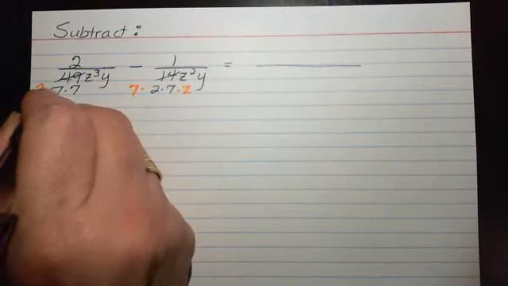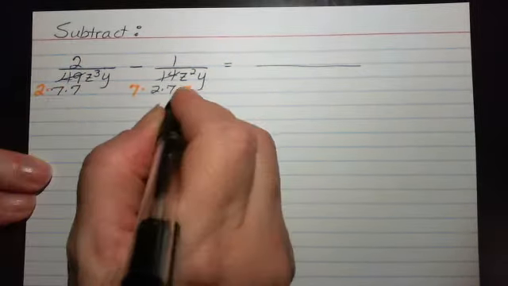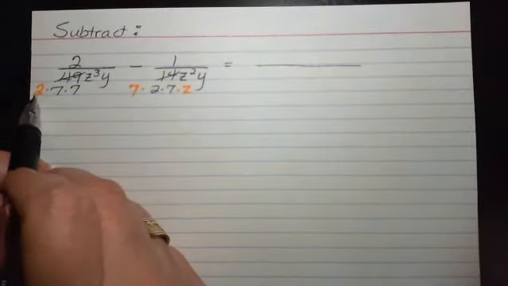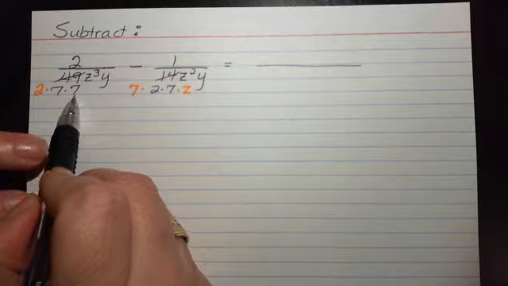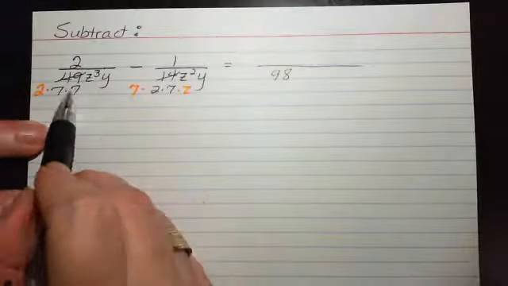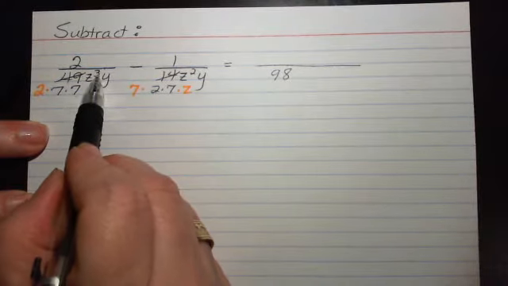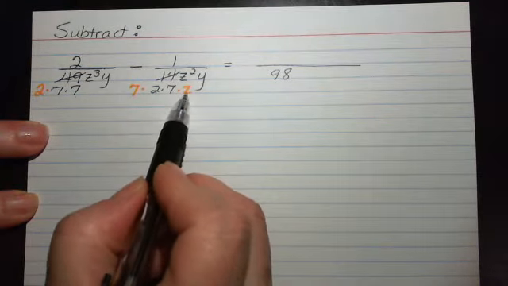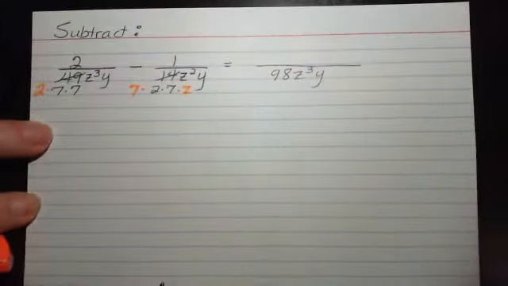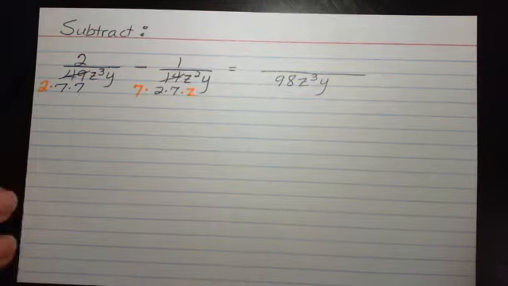Well, it's 2 times 7 times 7. So 2 times 7 times 7 is 49 times 2 is 98. Z cubed. Here's our z squared times z for z cubed and a matching y. Z cubed y. Okay, so that's our common denominator.